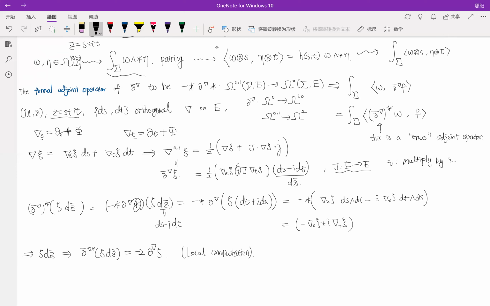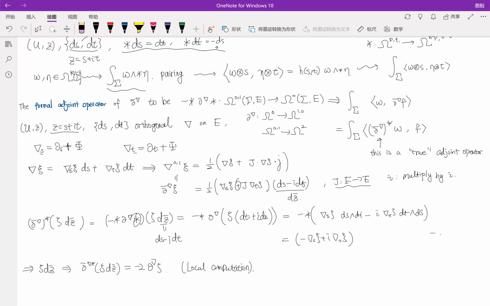So there is a problem: in Murdoch-Solomon's book he uses the associated volume form that is lambda square of ds and dt. Okay, I know the reason.